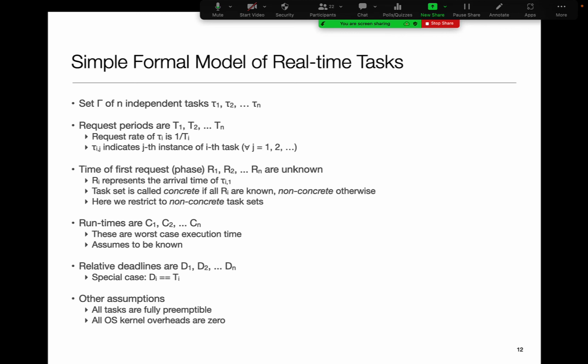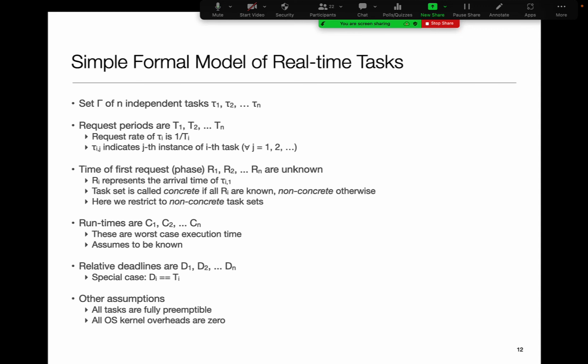So finding the worst case execution time of a piece of code is not easy. So we are hand waving that away. Usually the approach is you profile it, you run this thing under a variety of circumstances on a variety of inputs, and then we look at the distribution and based upon that come up with this.